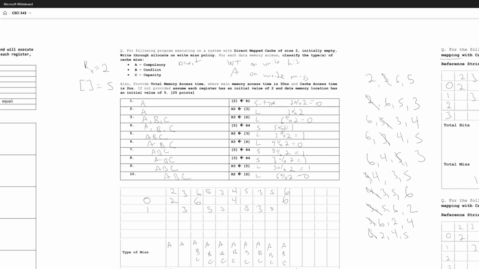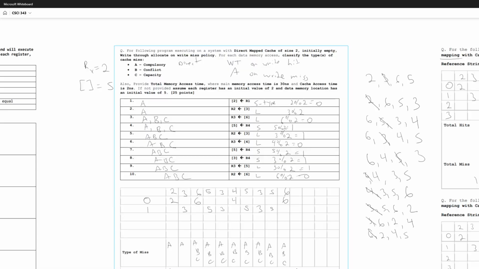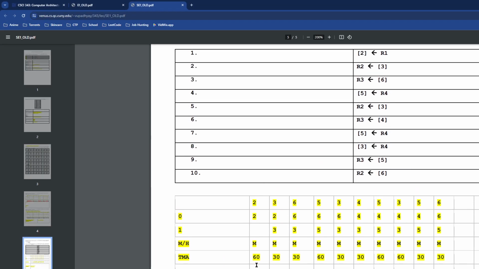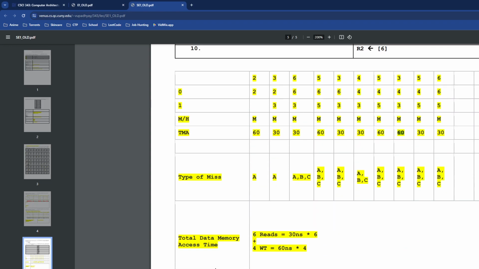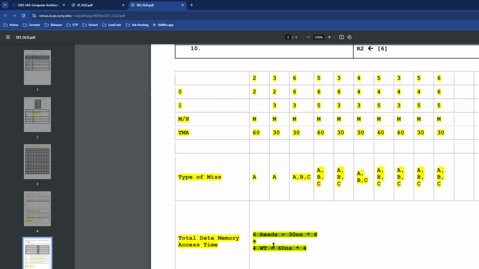Okay, so did I do it right? I technically did do it right. He just wrote the formula differently. Because every time there was a write miss, he wrote 60. He did it like this, but it's the same as this because this is actually 8 times 30.